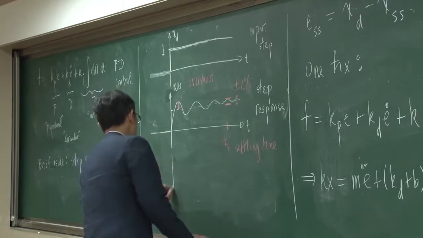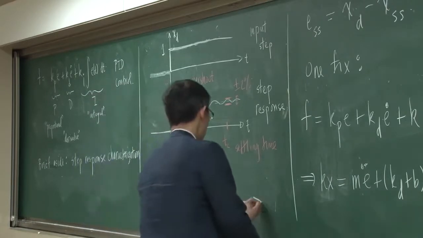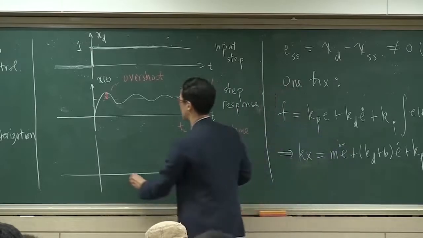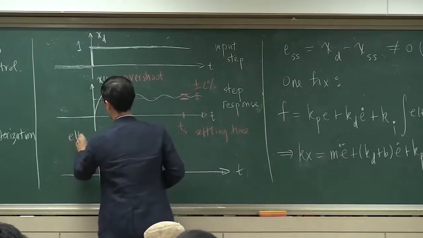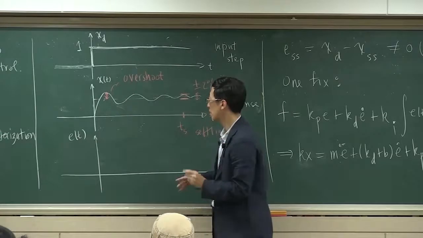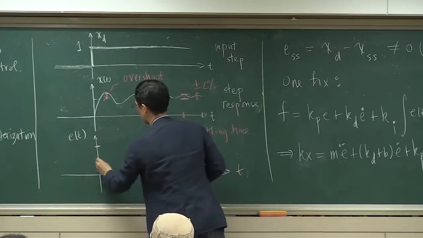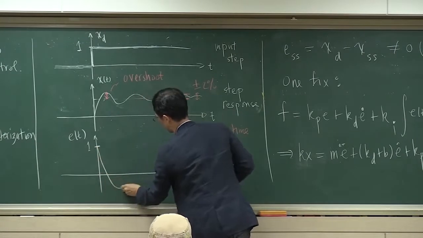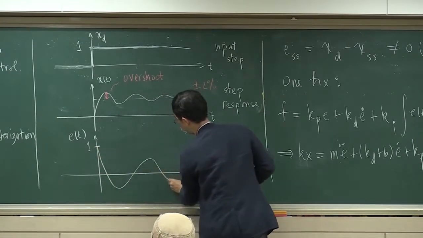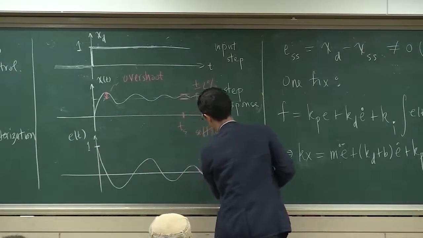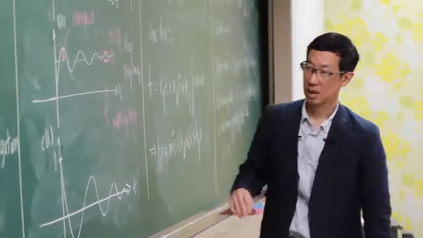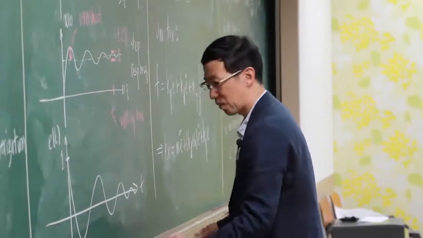Or you can plot the error directly, in which case it begins at 1, and it does this, overshoot, and then eventually the oscillations die down, right? So this is again the overshoot.